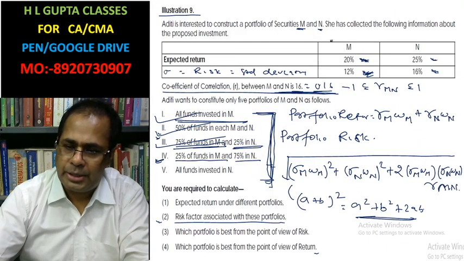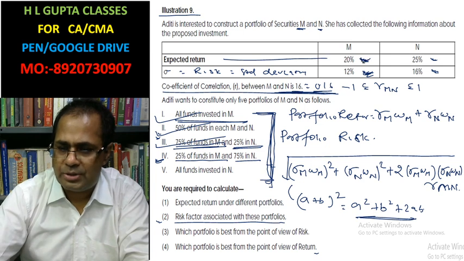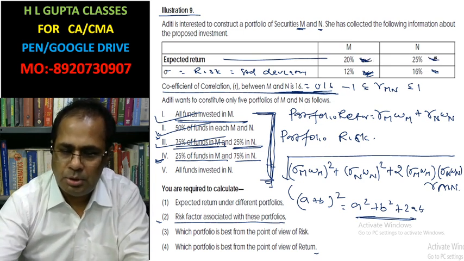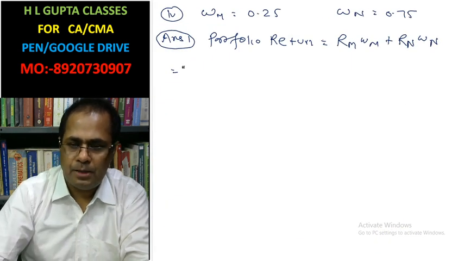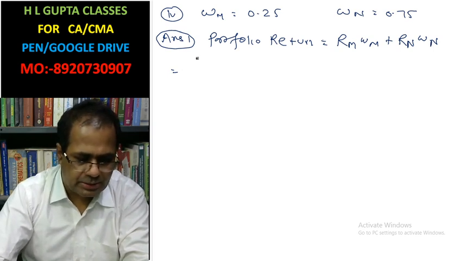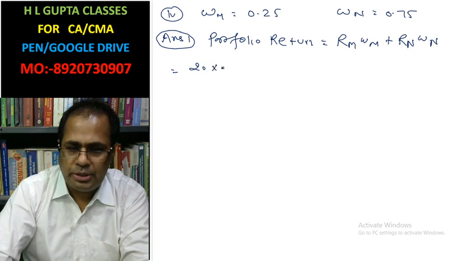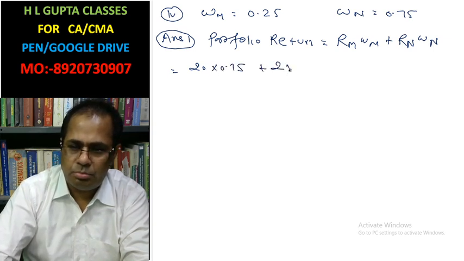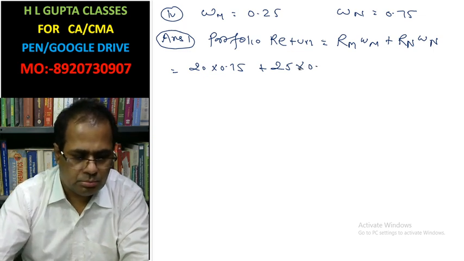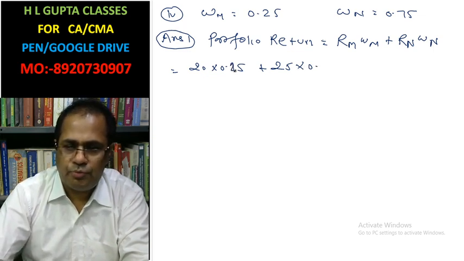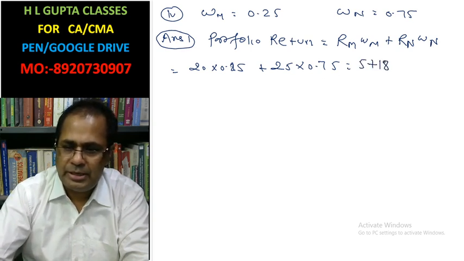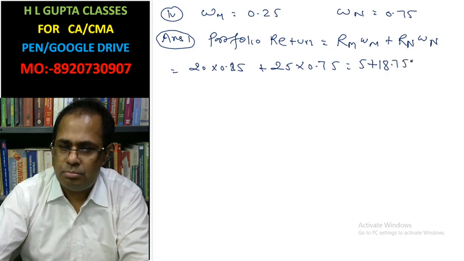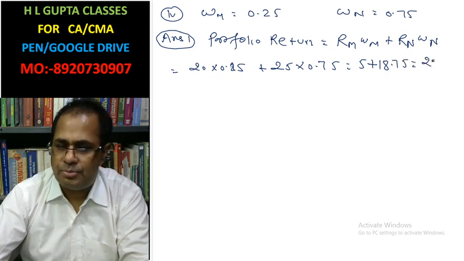Look at here, return of M is given 20%, this is 25%. 20 into 0.25, 25 into 0.75. So this is 5 plus 18.75, that is 23.75.